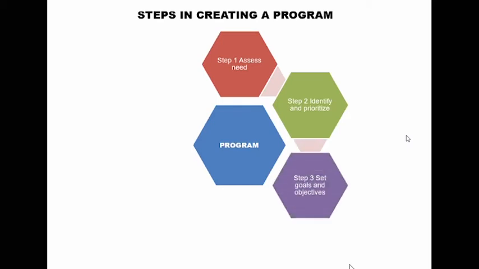Okay. Then, step 3, set goals and objectives. Of course, pag nakita mo identify mo yung need, okay, you have to set goals and objectives. Again, set goals and objectives would pertain to what? Different situations. This must be applicable to all those things that you identified, okay, and required for prioritization, okay. Number 4, you now have to develop your strategy or intervention, okay. Of course, normal yan, okay.